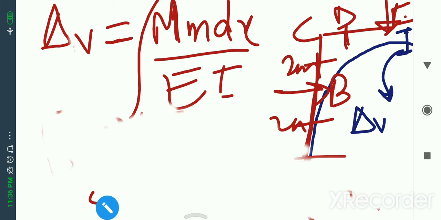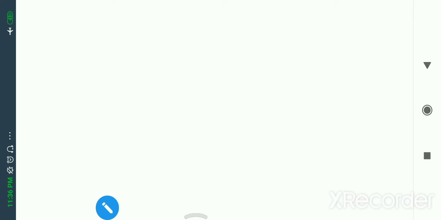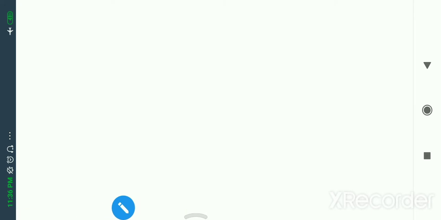So if we are writing the equations for part ED, then we have delta V equal to M m dx by EI. So what is the value for ED?